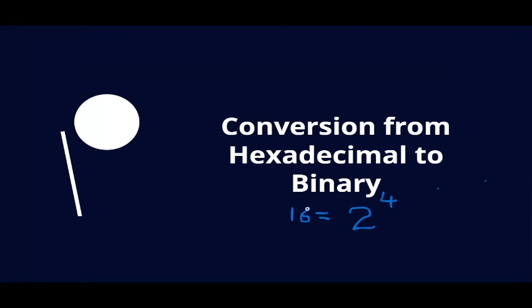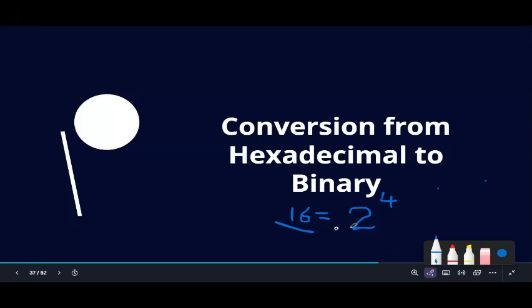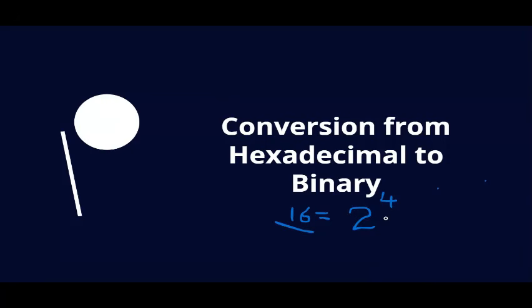Next is the conversion from the hexadecimal number system to binary number system. Here, the base of the hexadecimal number system is 16, and 16 is equal to 2 raised to 4. So, every 4-bit binary combination can be represented by one hexadecimal digit.